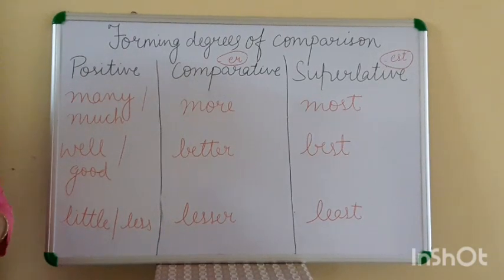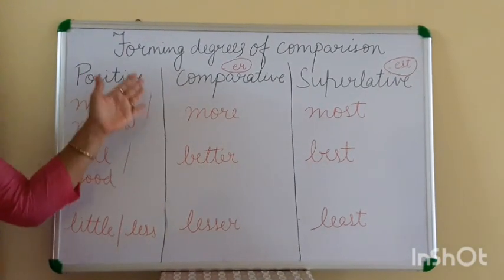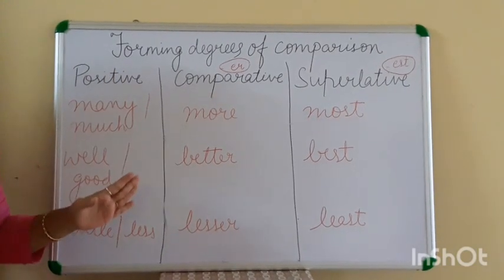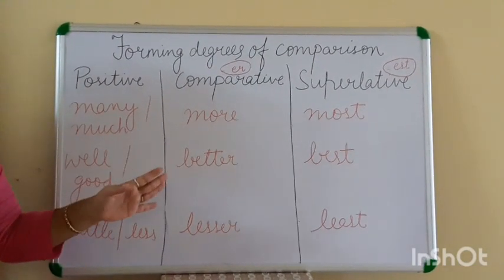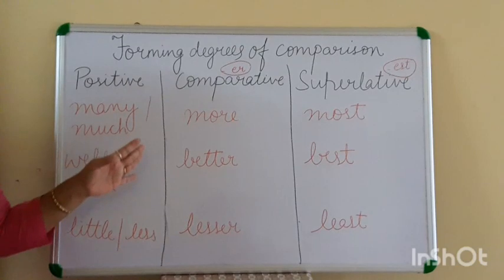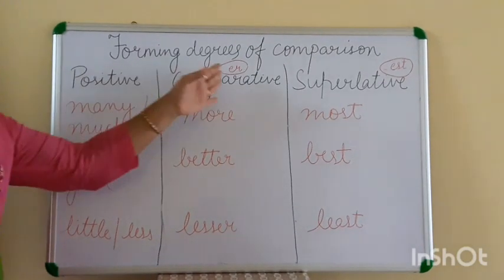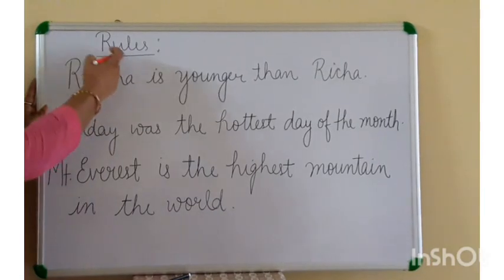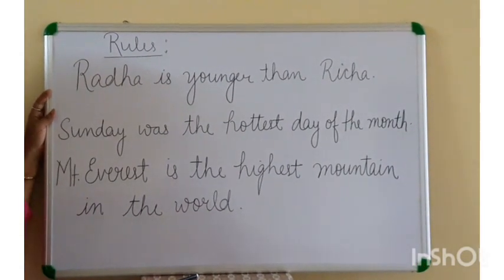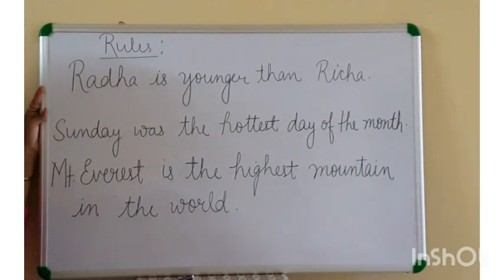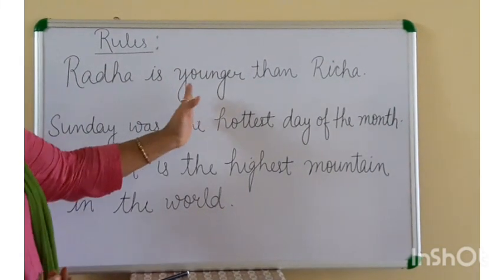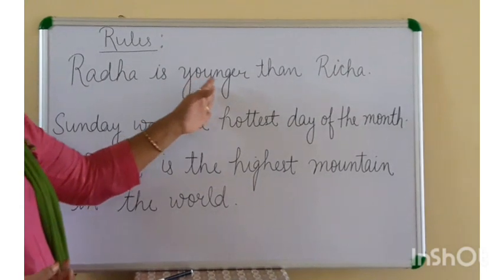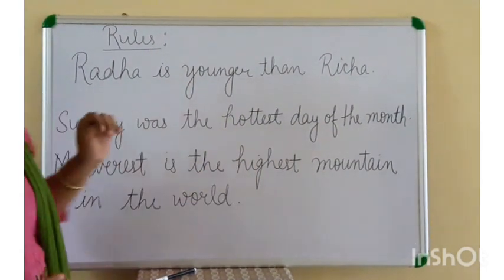Okay, children, there is a list of positive, comparative and superlative degrees of adjectives in your notebook. Please go through those words and learn how to form the degrees of comparison. Okay? There are some rules to follow while forming the adjectives, or while understanding which type of adjective will come in a particular sentence.